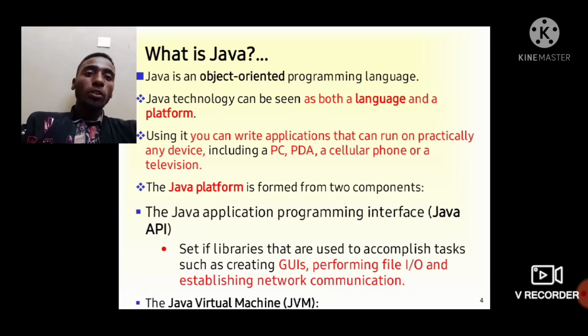Java APIs are a set of libraries that are used to accomplish tasks like creating a GUI or graphical user interface, performing file input-output, and also establishing network communication. But the Java Virtual Machine is a different thing.